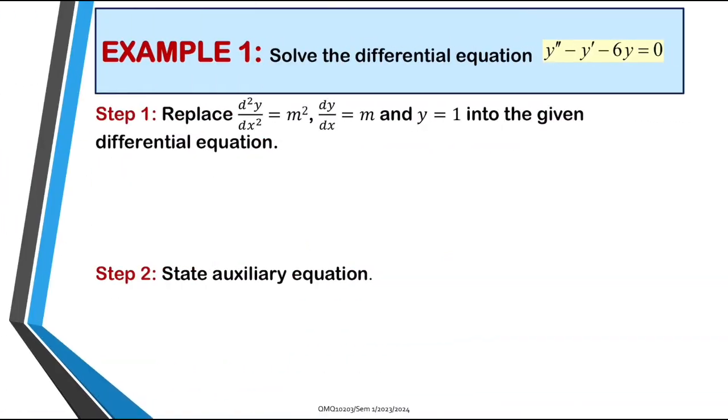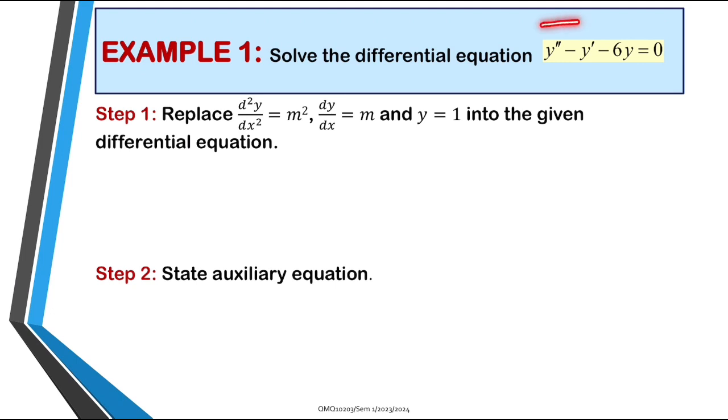Let's see example number 1. Solve the differential equation y double prime minus y prime minus 6y equal to 0. So step number 1, replace d squared y over dx squared with m squared, dy over dx with m, and y with 1 in the given differential equation.